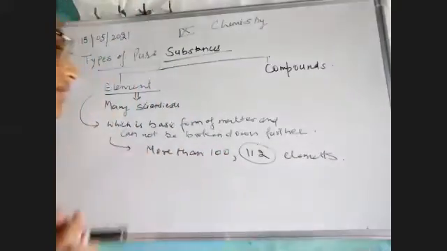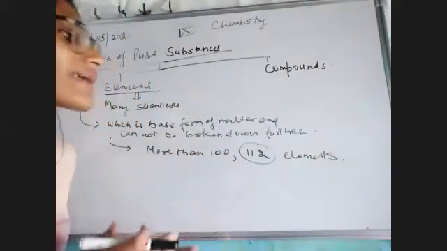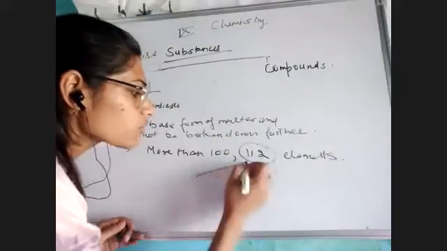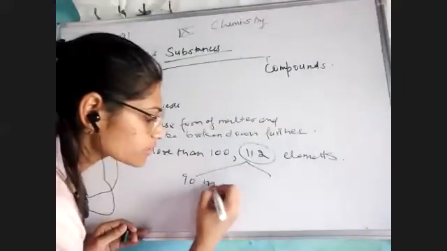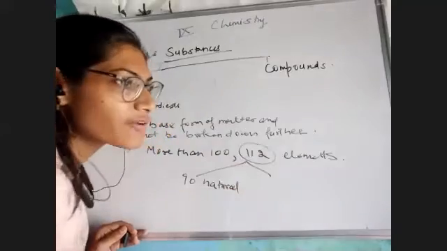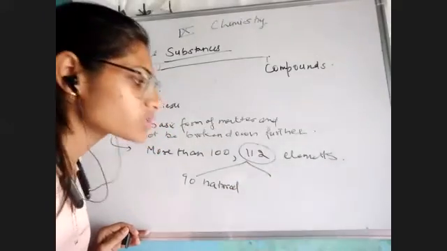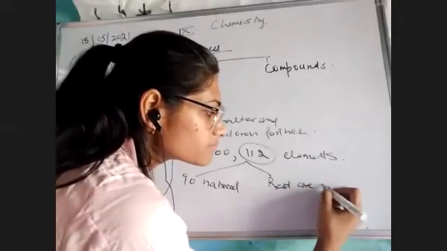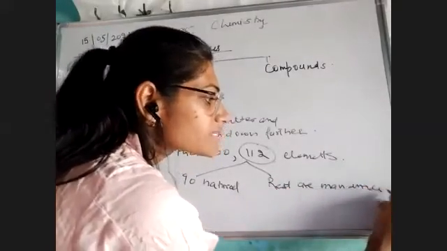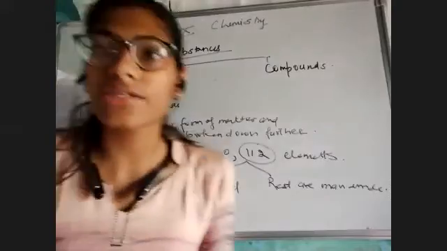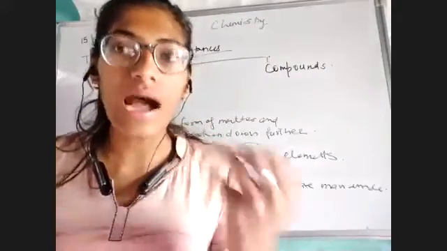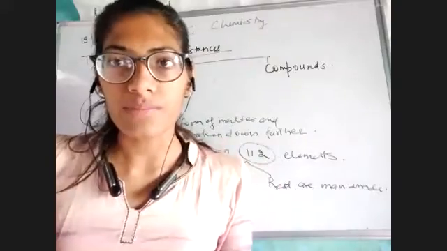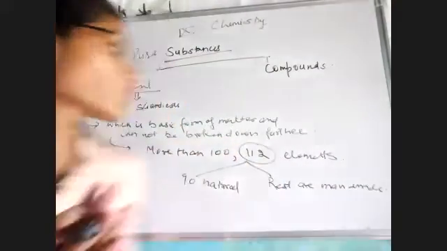So we have taken more than 100 elements, and out of them almost 90 are natural. They are found and created by our nature, by our universe, whereas the rest are man-made. These are also known as radioactive elements, the artificial elements which man has created just to get advantage from them.